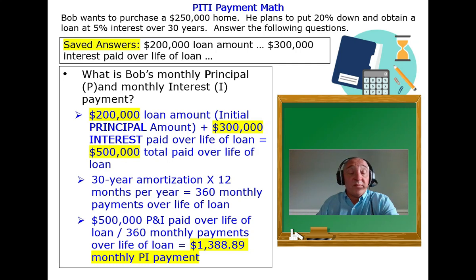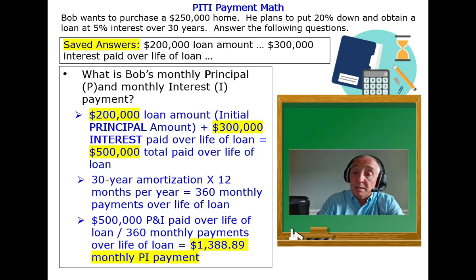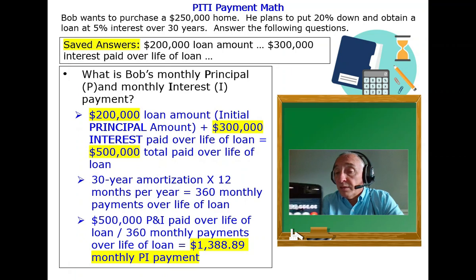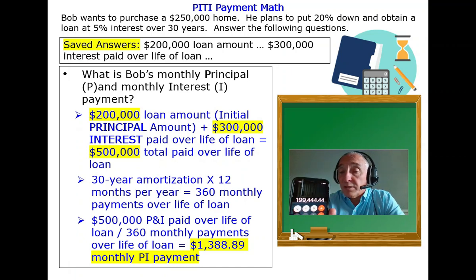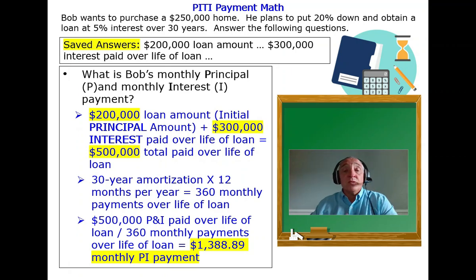That was 555.56, right? So if I took 200,000 minus 555.56, my new loan amount is $199,444.44. See, and so I can continue doing that. I can continue breaking it down just like that.